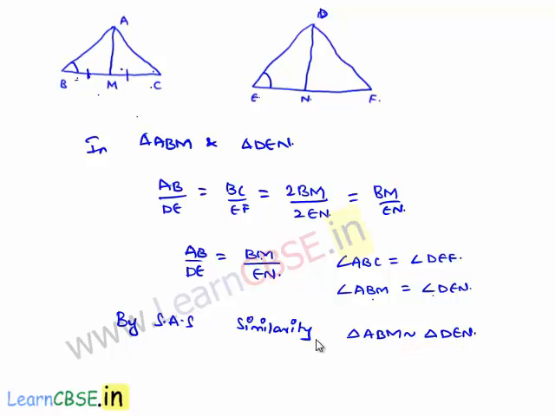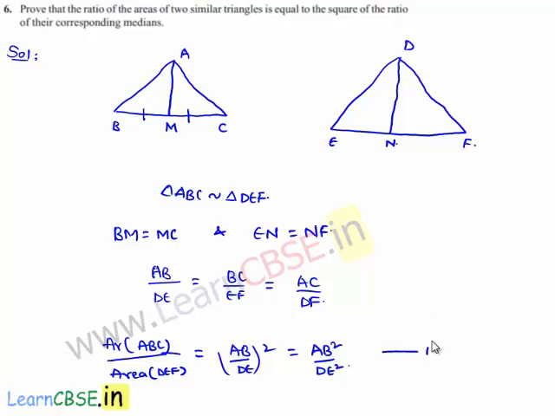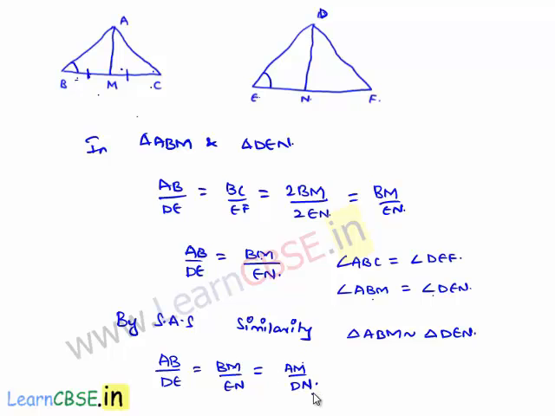And we know that if two triangles are similar, then their sides will be in proportion. Therefore, we can write AB by DE is equal to BM by EN is equal to AM by DN, those will be also in proportion. Now, instead of AB by DE in equation 1, let us replace AM by DN.